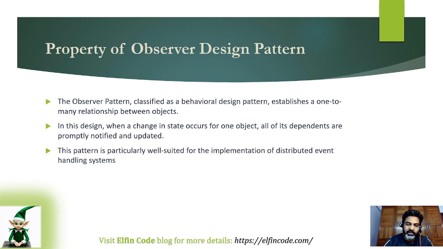The subject makes a relationship with all the observers. If anything happens at the subject, any update that happens via the event needs to be notified to all the observers who are waiting to get those event updates. So there's a subject which maintains all the observers, and any event which occurs at the subject needs to be conveyed to all the different observers. So it makes a one to many relationship.